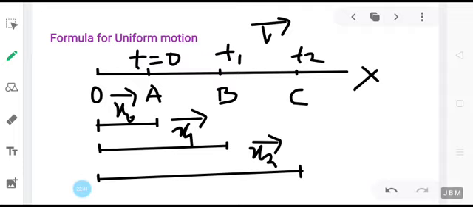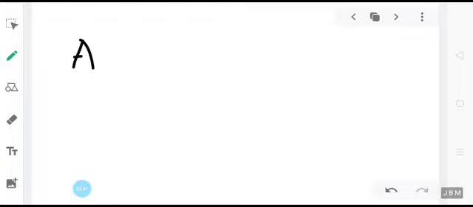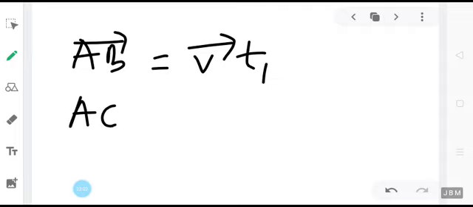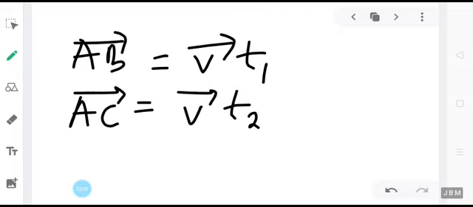Then what should be AB? We can write down AB equal to v into t1, that is velocity into time, and we can write down AC as v into t2.